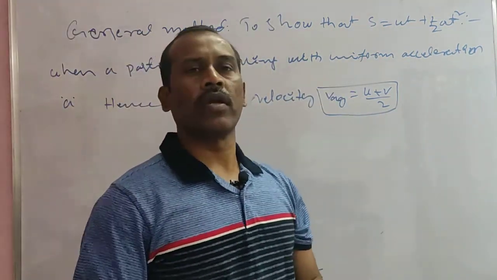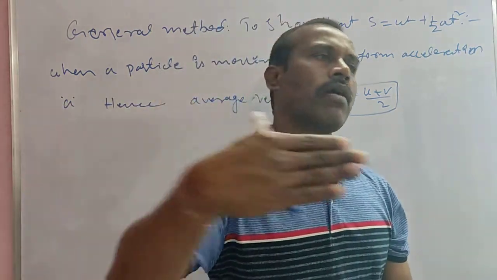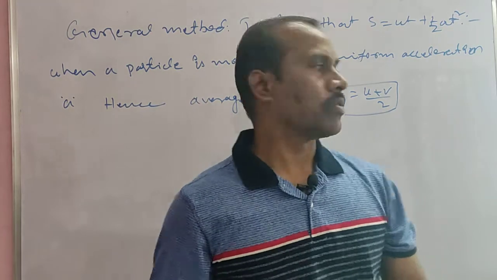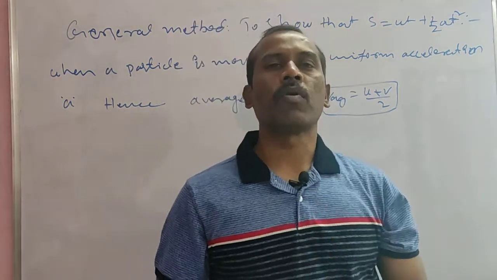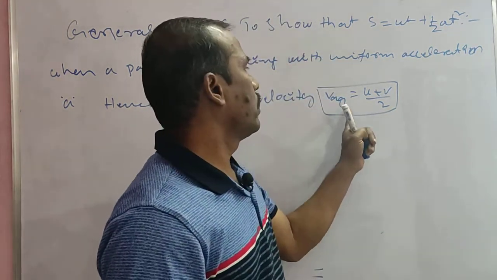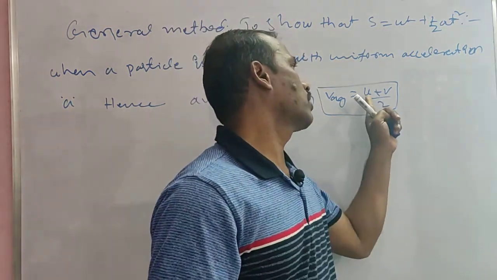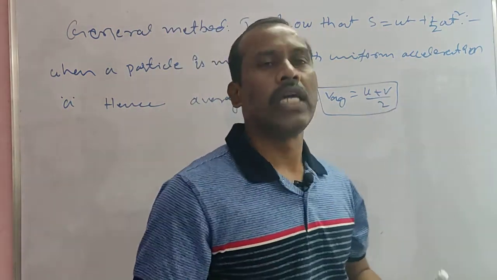Now when a particle is moving with uniform acceleration along a straight line, or in any dimensions, the average velocity of the particle v average is equal to u plus v by 2. Here v means final velocity, u means initial velocity.